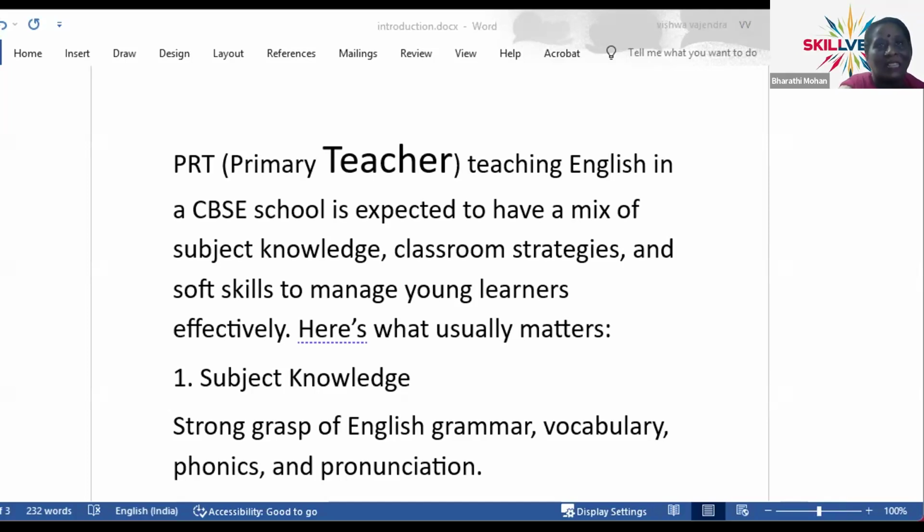Anyone would like to speak on that? You can just unmute and speak. How do you pronounce the word THE? Is it pronounced as D or is it pronounced as the?